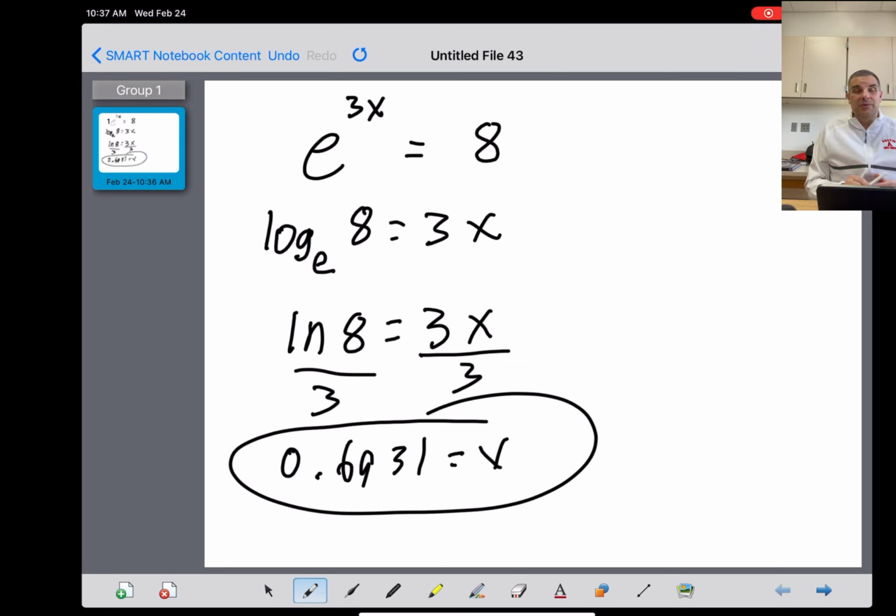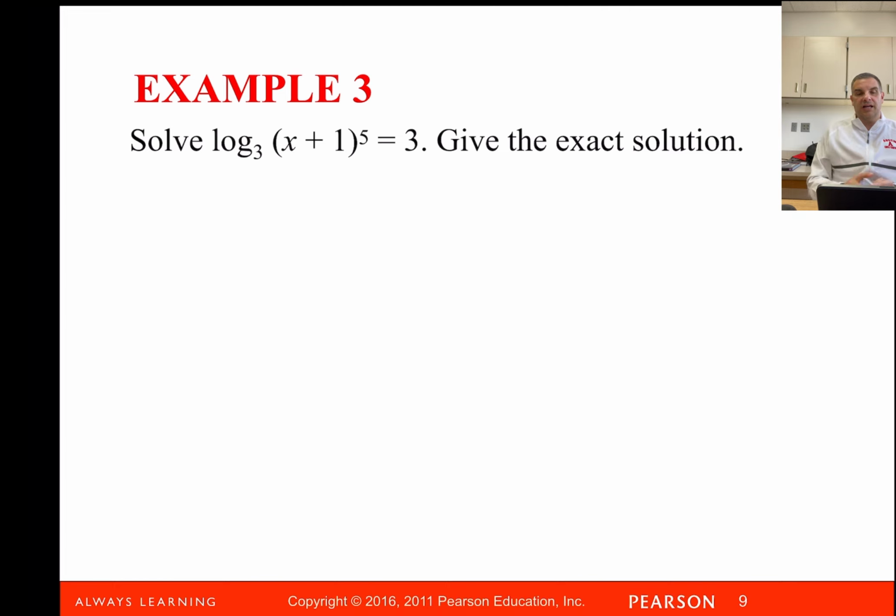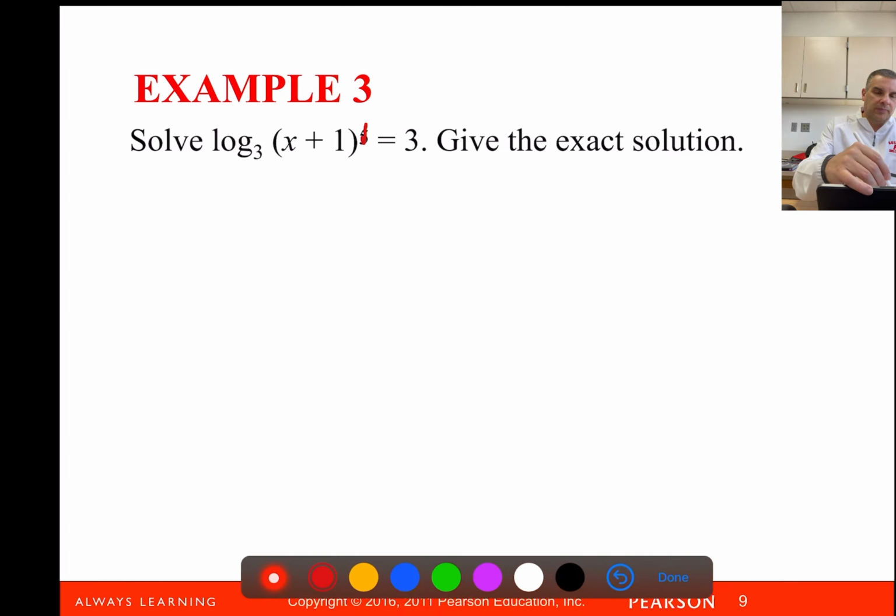So anytime you have something that's in exponential form, in order to solve it, write it as a log. If we have something like log base 3 of x plus 1 equals 3, that's a log. If you see the word log or you see ln, that's logarithmic form.